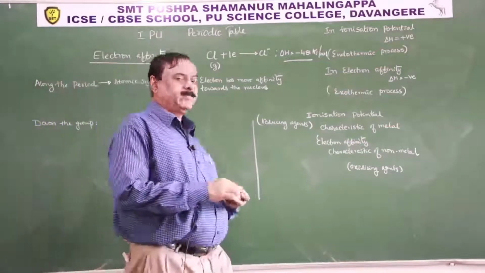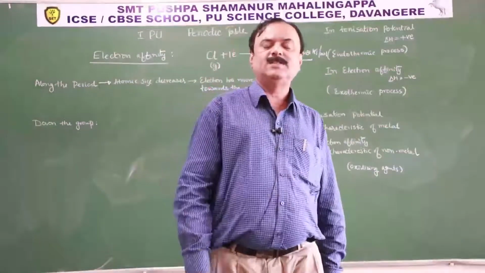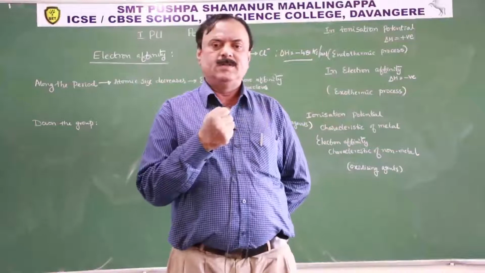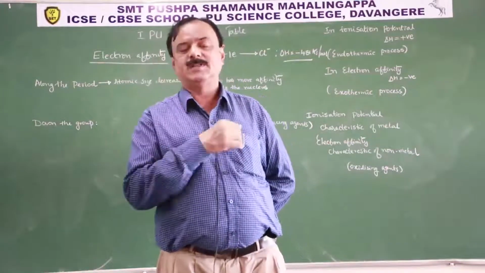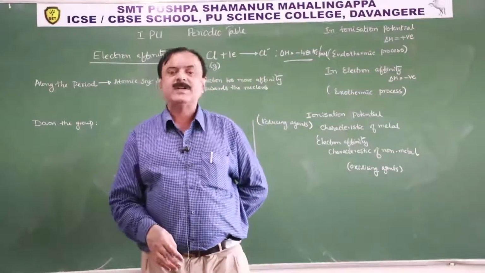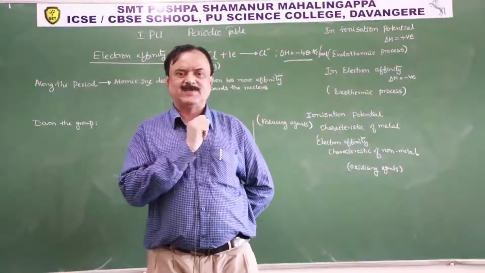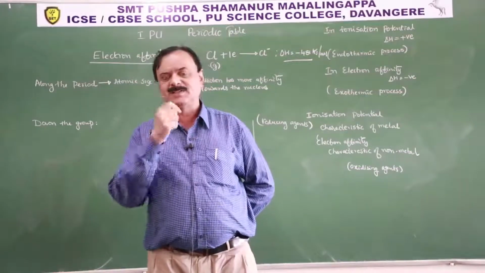Is it clear? Whenever it is very close to the nucleus, the affinity force will be very high. Affinity means it attracts towards the nucleus. It indirectly implies that the nuclear force of attraction between the nuclear charge, that is the nucleus of an atom, and the added electron will be increased.